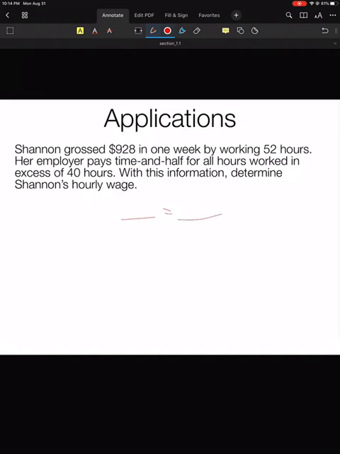Again, I'm going to have a left side and right side of this equation. The right side is going to be the total money made. Usually if there's a money question, the total will be available to you, and you'll put that on the left side, 928.